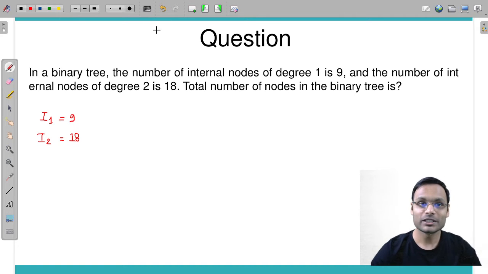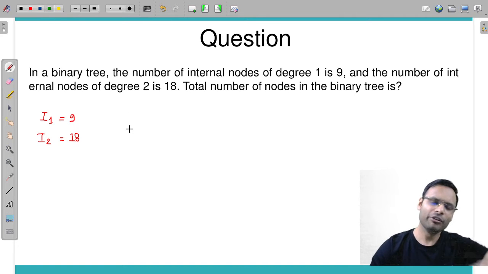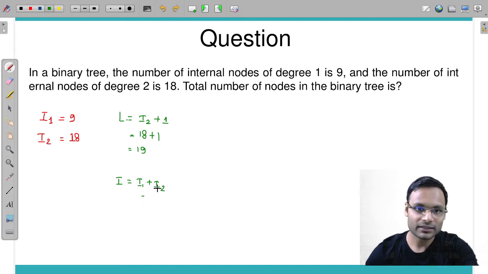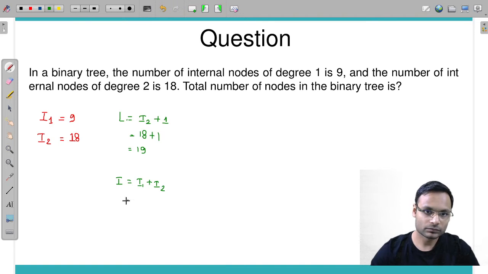Total number of nodes in the binary tree, how much? We will calculate everything. Total number of leaf nodes will be I2 plus 1, which is 18 plus 1, 19. Total number of internal nodes will be I1 plus I2, which is 9 plus 18, 27.